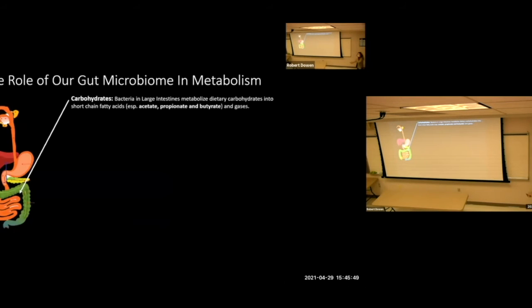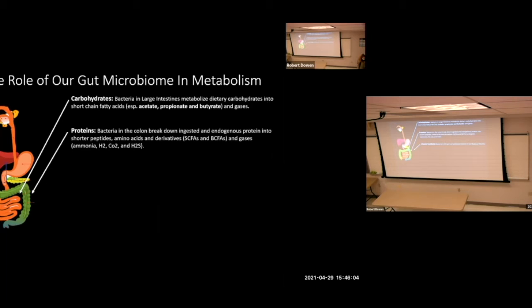So what is the role of the gut microbiome in our metabolism? The gut microbiome influences metabolism in a couple of different ways. Microbes in your gut metabolize carbohydrates. They can metabolize proteins. They can be involved in synthesis of vitamins like vitamin K and the B group vitamins.